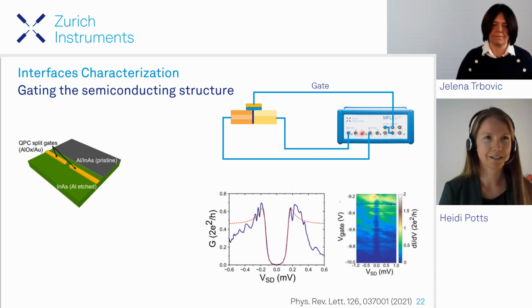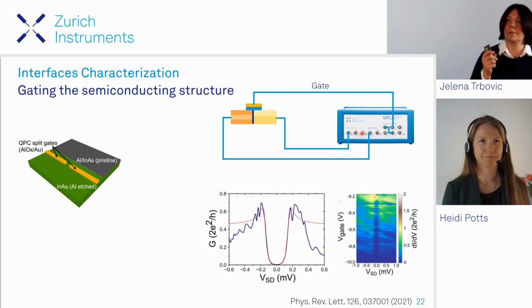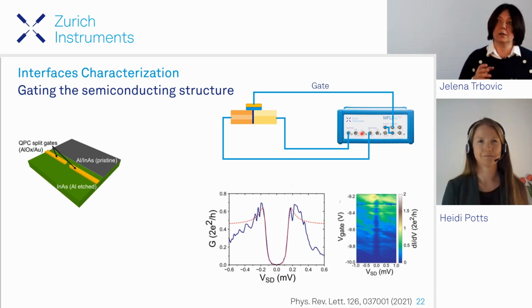Okay, and that connects very well to another question that we got. Can you also measure DC voltages and currents using the lock-in? Yes. So MFLI in particular is actually the only lock-in that can measure DC and AC at the same time with some small changes in the software.